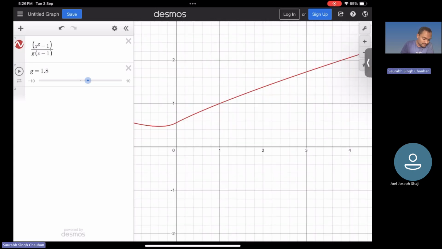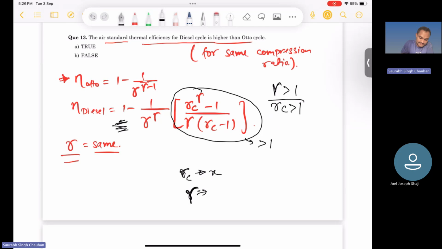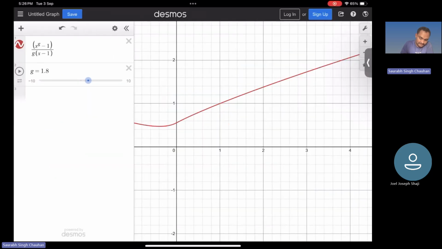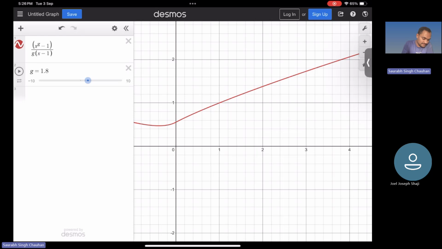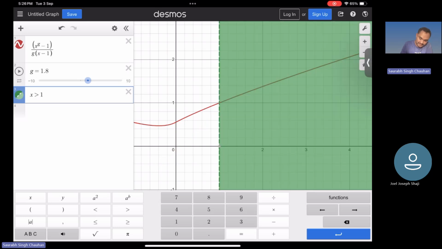What else we need to keep in mind is that this X is greater than 1. X means this RC, the cutoff ratio, and it is greater than 1. So we have to check this graph on the right hand side of 1, where X is greater than 1, in the green shaded region.